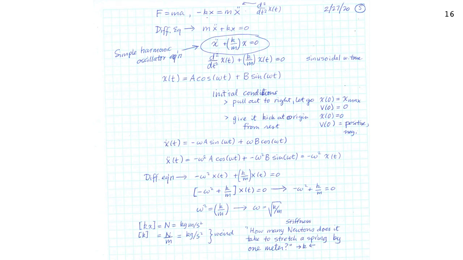Your initial condition is x of 0 equals maximum x, and v of 0 is equal to 0. So you pull it out to some maximum extension, then you let it go, and then you start the clock.